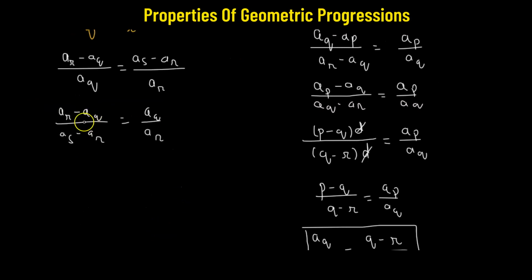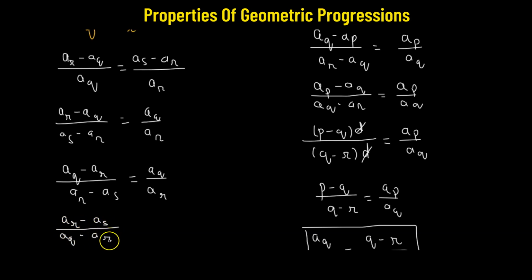We'll multiply both numerator and denominator on the left hand side by -1. So we have AQ minus AR divided by AR minus AS, which will be equal to the Qth term divided by the Rth term. We can take the reciprocal right away. So we have the Rth term minus the Sth term divided by the Qth term minus the Rth term, which will be equal to the Rth term over the Qth term.